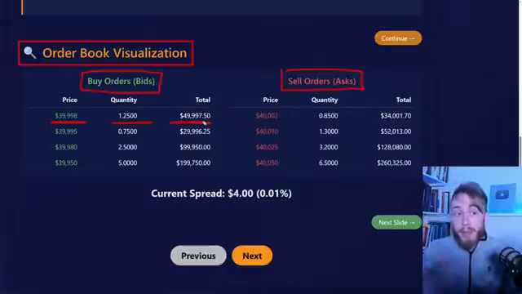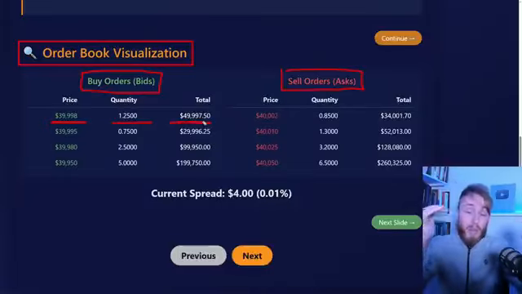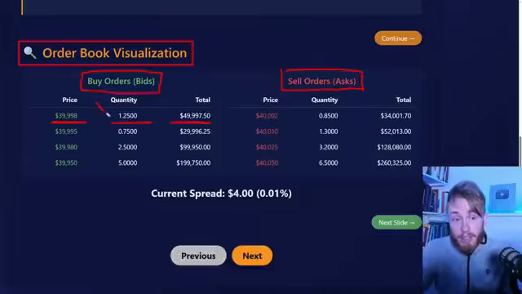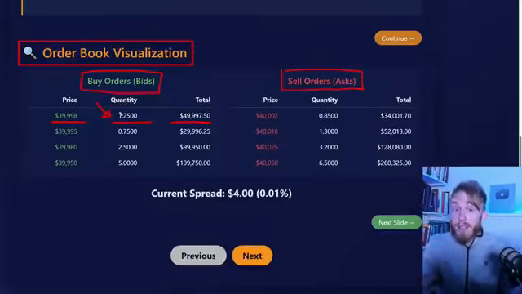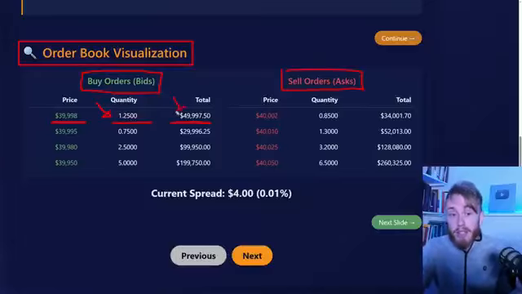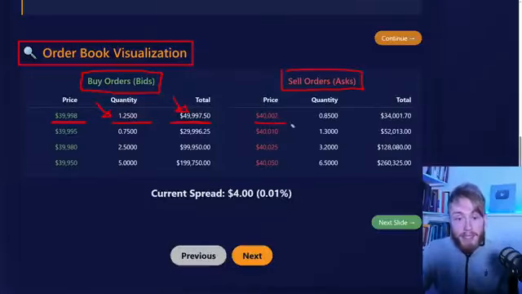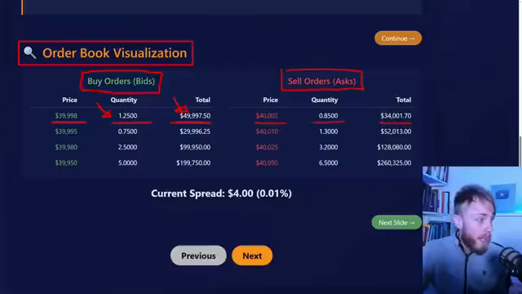For the buy orders, the price is what the buyers are willing to buy for. The quantity is how much in total the buyers are willing to buy. And the total here is just the price times the quantity. The same thing is true with the sell side, or in other words, the ask side.